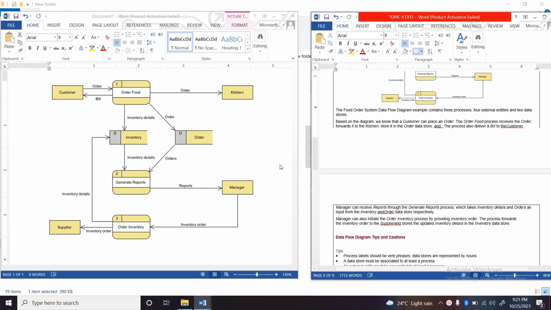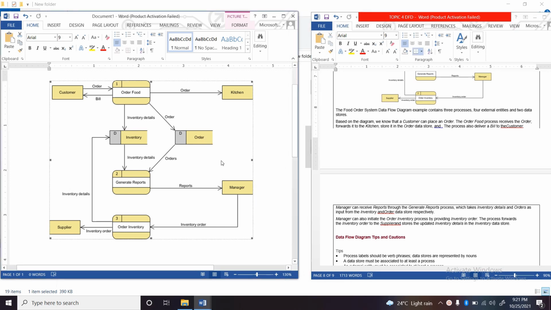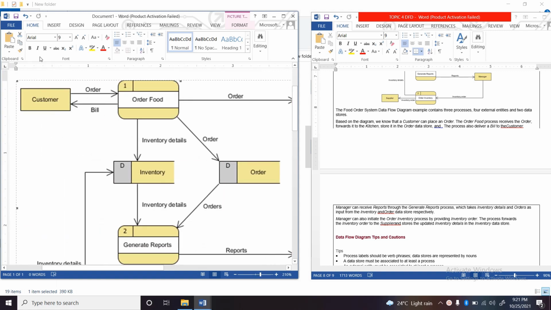So based on the diagram here on the left side, we know that a customer can place a particular order. So where is the customer? We have here the customer. Okay, so the customer can place an order. That is why the data flow is going towards the process order food.